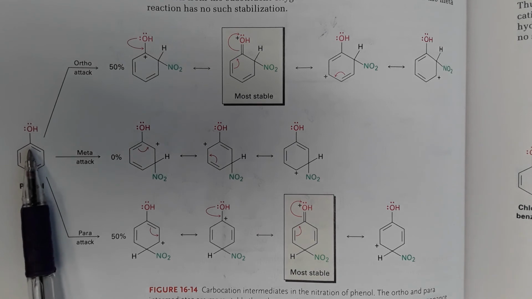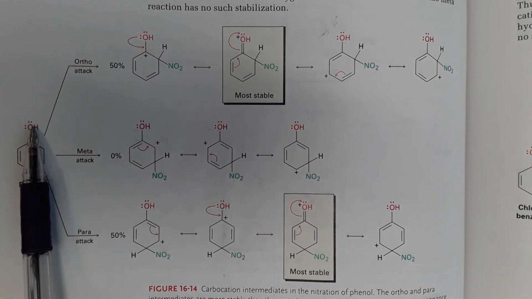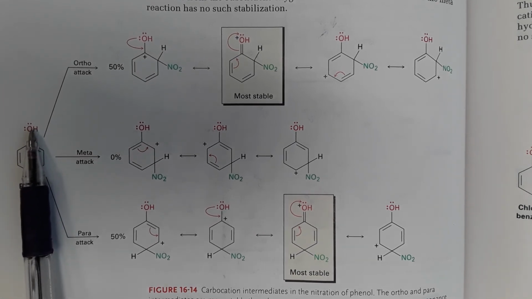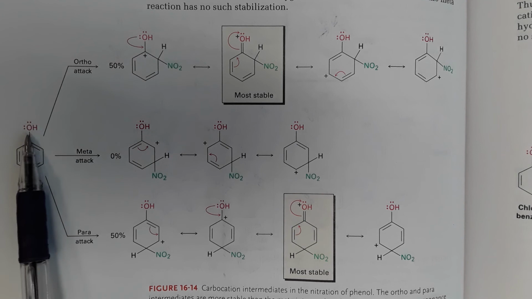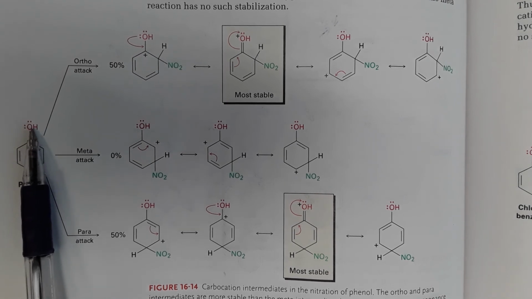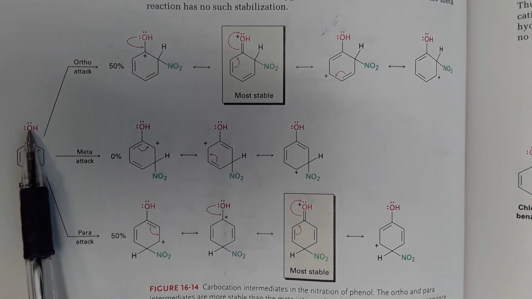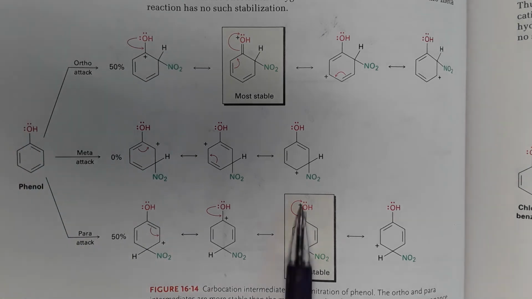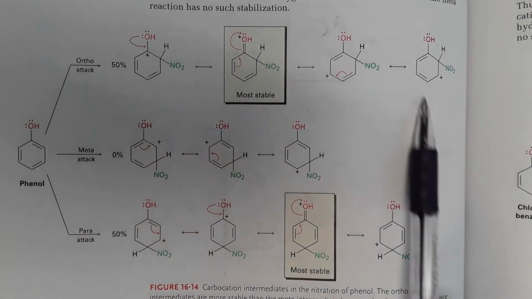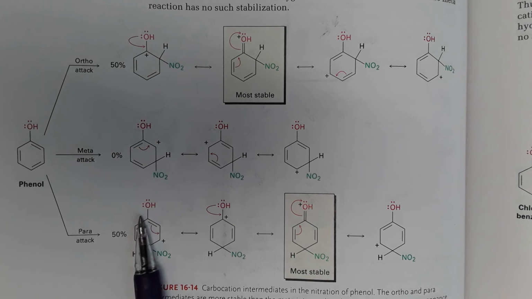But if we had a methyl group here, we could not explain it by resonance structures of the reactant because there is no resonance in a methyl group. There are no lone pairs, there's no pi bonds. So our simple explanation of the starting material using three resonance structures instead of 11 resonance structures wouldn't work for a methyl.